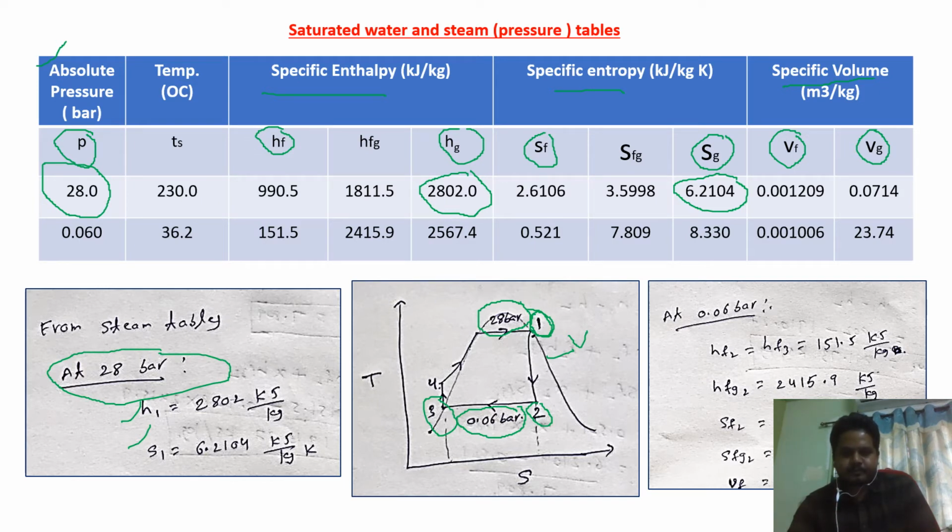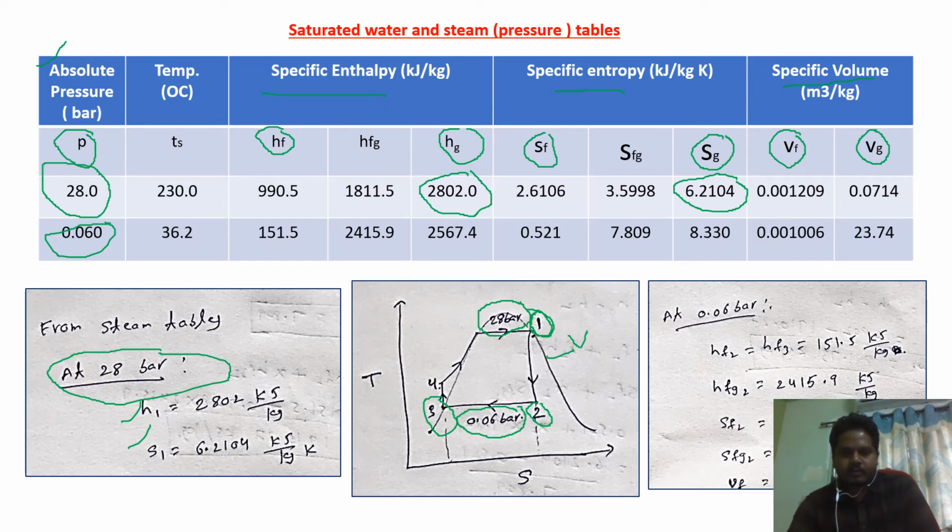So at the given pressure of 0.06 bar, we have to take the hf values, because point 3 is on the saturated liquid line. So we have to see the hf, sf and vf values.